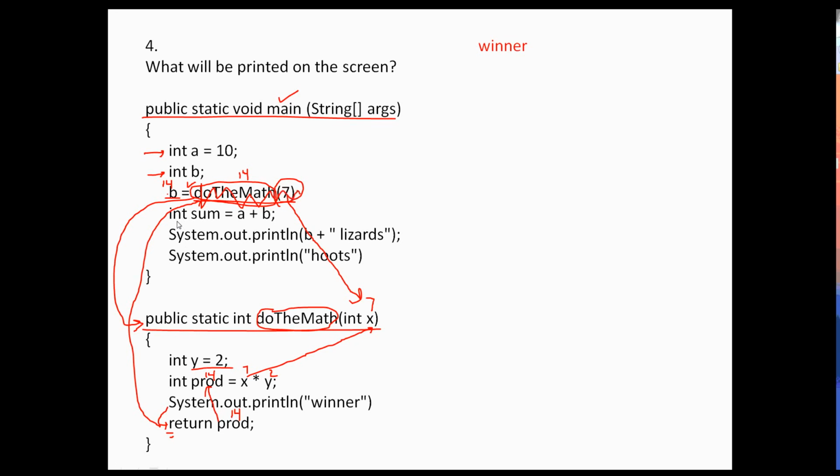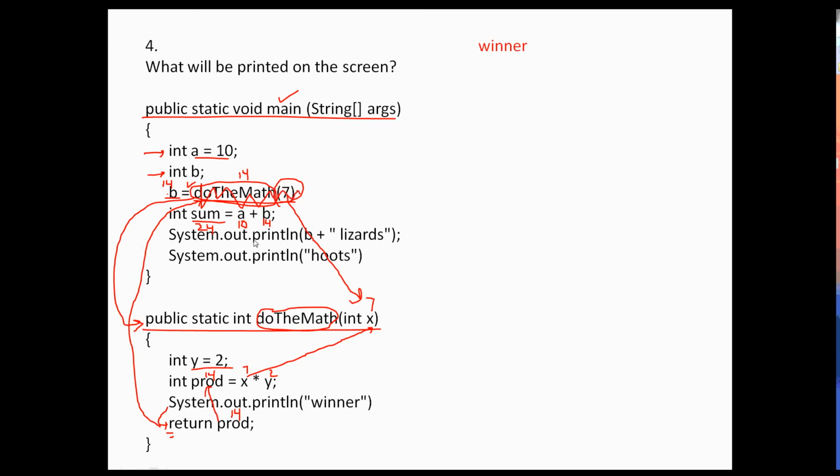Then we go to the next line down and we declare another variable called sum. And sum is going to be assigned the sum of a, which is 10. So that's called. And then b, which has just been assigned 14. So the variable sum now has the value of 24. It's been assigned 24.